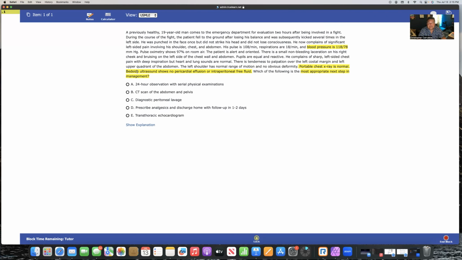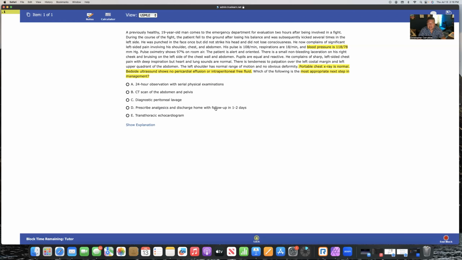So what we're really asking is, I have a hemodynamically stable patient with concern for blunt abdominal trauma. They don't have frank peritonitis, so there's no reason to go straight to the OR, but they also have a negative FAST scan. So it's really saying, what should I do with that? Answer choices A and D are essentially saying that we're just not very concerned, that we're going to be saying that the ultrasound was good enough. And even though they have a pretty significant injury, pretty significant pain, we're not going to do anything really significant about that.